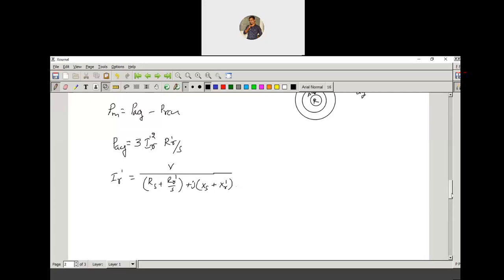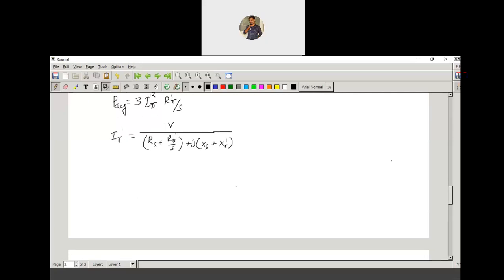So we can substitute this IR dash in the above formula and get the air gap power.